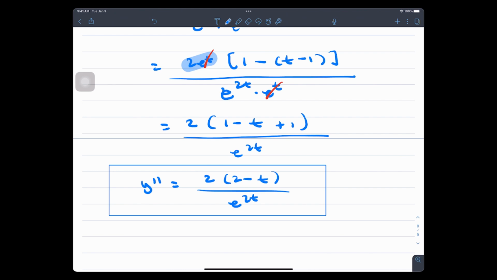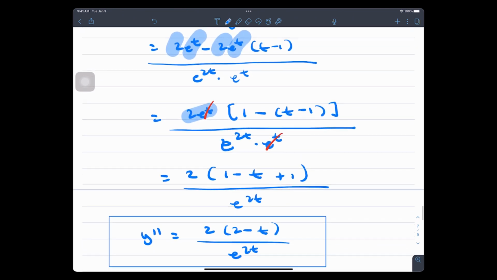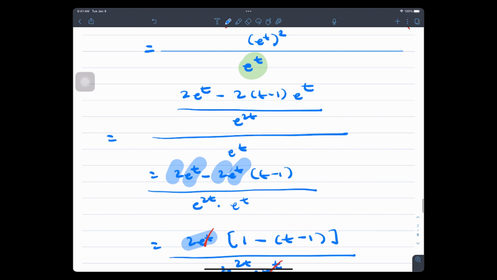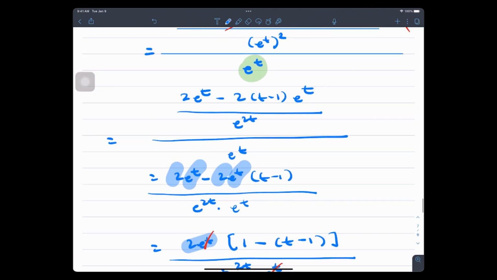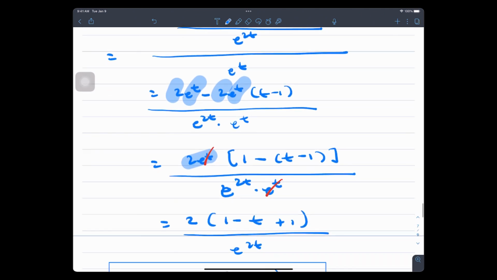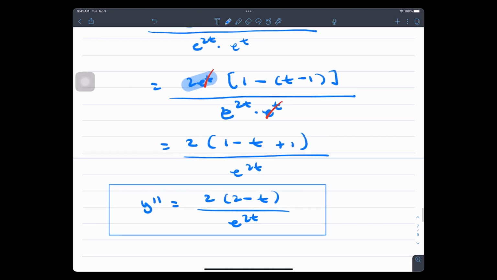Double check to see if we made a mistake. Oh, did I make a mistake? Hold on. Where? Let me see if I did. Okay, I got 2e to the t minus 2e to the t, (t minus 1), 2e to the t, 1 minus (t minus 1). So 1 minus t plus 1, 2.